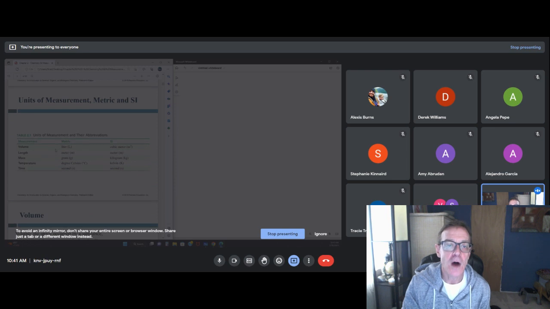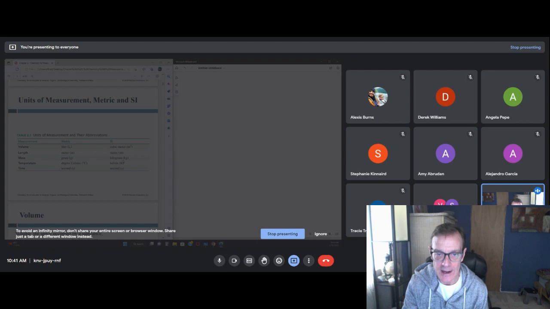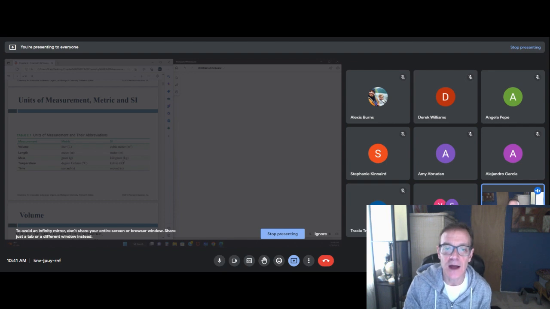So for volume in the metric system, we use the liter. It's a cubic meter in SI. Meter is in both systems. Mass in the metric system is grams, and we start with the kilogram as the base unit in SI, but still just 1,000 grams to get to the kilogram.